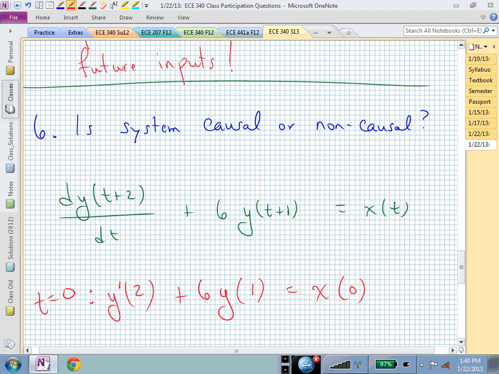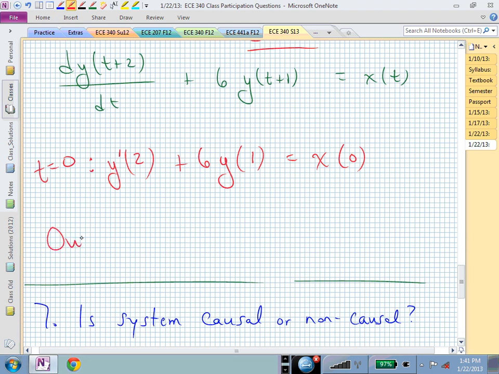That's basically what this is saying. I kick it at 0, and then in a second, that output and, at 2 seconds, its derivative, that combination will be influenced by that adjustment of the input. This is actually then a causal system. The outputs and their derivatives depend on previous inputs. What about this one?